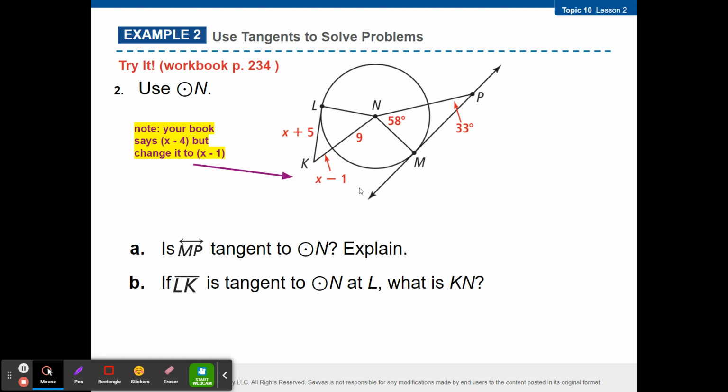All right, so if we're changing that to a 1, what you guys are going to do is: is MP tangent to circle N? Explain. So here is MP. We have each degree measure. What is the measure of NMP?